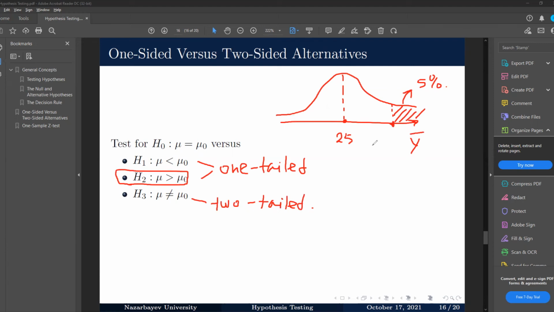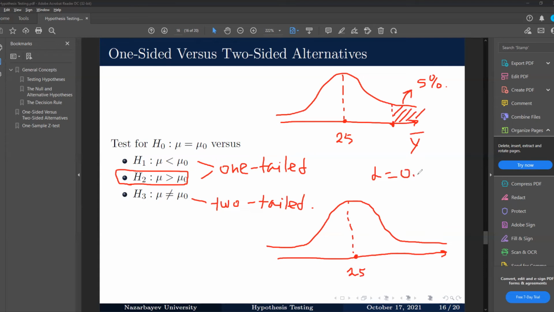In the case of a two-tailed test, let's assume we were unsure whether our gas mileage would be increased or decreased, then we would conduct the following hypothesis test. So at a level of significance of alpha equal to 5% or 0.05, we would split this area in the right tail into the two tails.